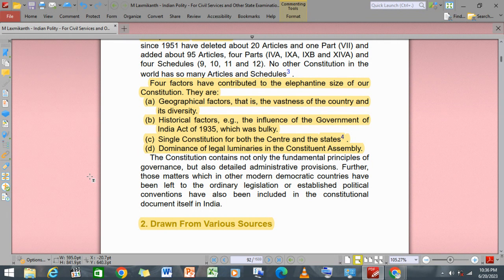That means India is a large place geographically, and historically, due to the Britishers' rule, we had a number of acts and regulations which affected the constitution, and it is a single constitution for center as well as state, and there was lots of dominance of lawyers and politicians, so it had to be bulkier.